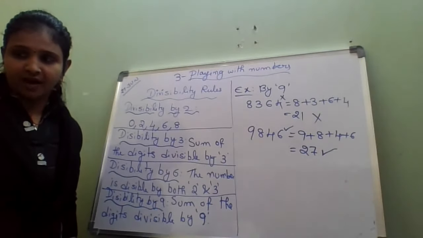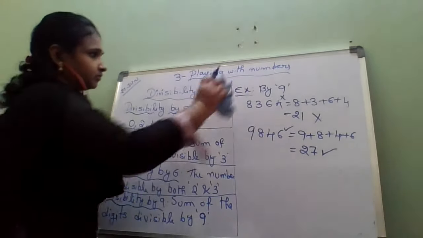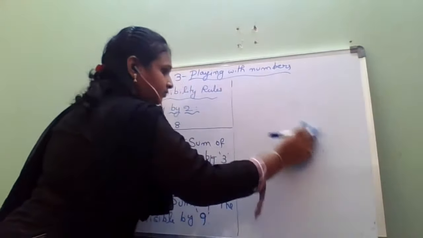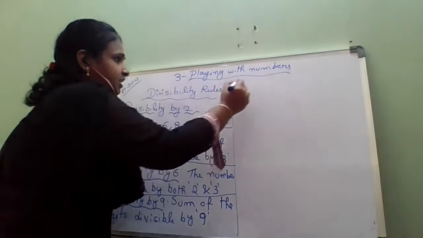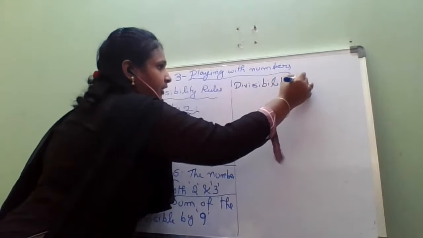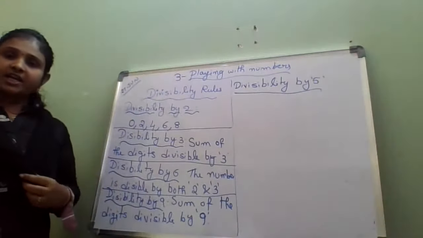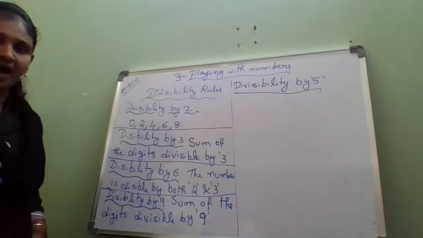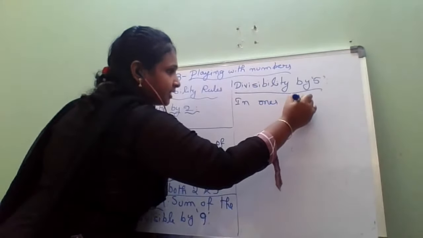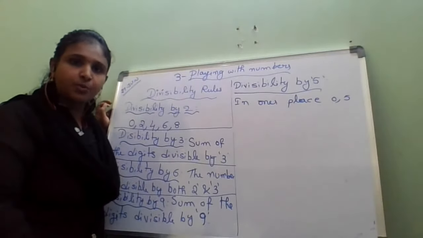How do we check? If the digit in the ones place is 0 or 5, then the number is divisible by 5.